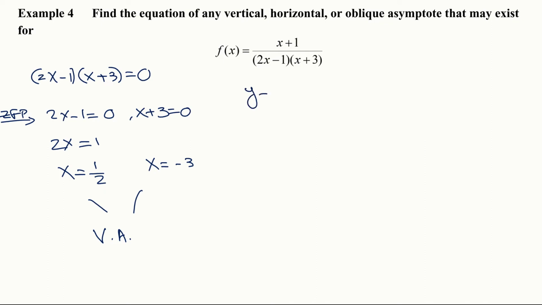So let's just say y equals x plus 1 over, so here we get 2x squared plus 6x minus x, right? So that's going to be plus 5x. And then minus 3. Okay, so again, we can see the highest power of x is x squared, so we'll go ahead and divide top and bottom by x squared.